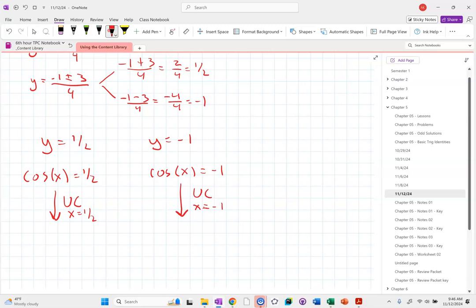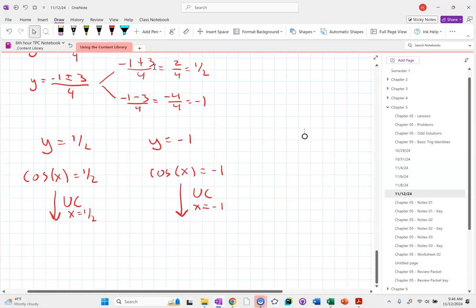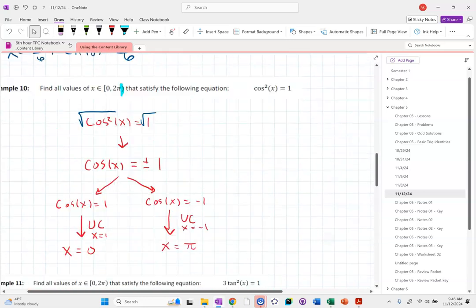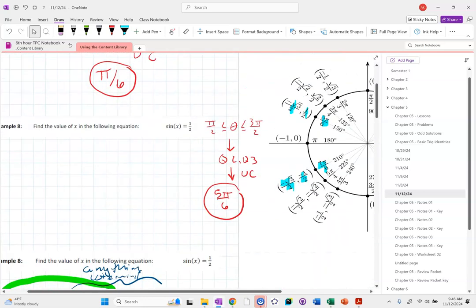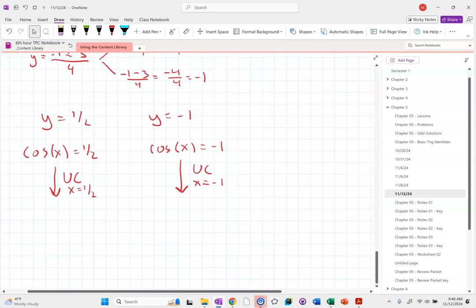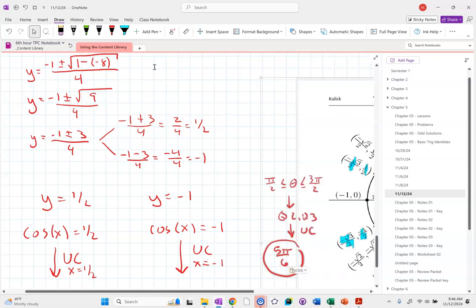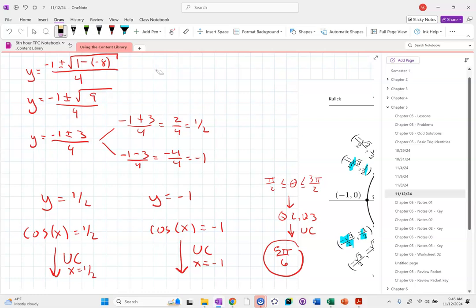Everybody, so far so good there? All right, I'm going up to the unit circle. Actually, let me just bring it down. Oops, that's more than I wanted to take with me.